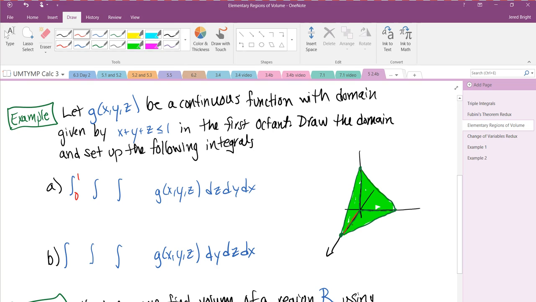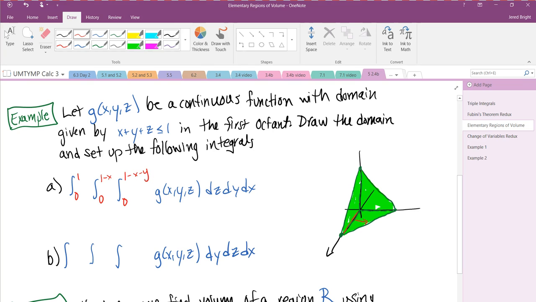And then if we think about Y, we want to formulate Y as a function of X. Well, if we look in the XY plane, Y should extend from 0 up to that line there, so that's going to be 1 minus X. And then Z should extend from 0, but it actually needs to border on the plane, right? So Z should extend from 0 up to 1 minus X minus Y.